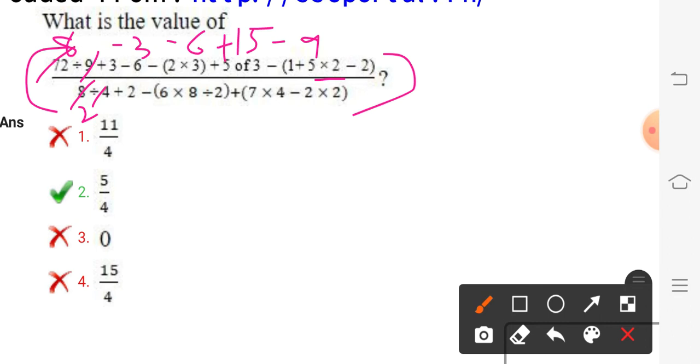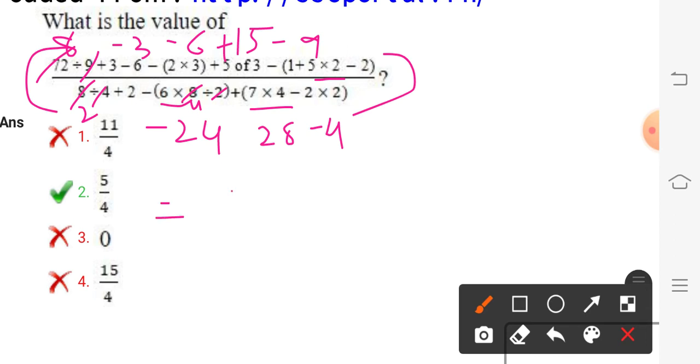So 4 2s are 8. 2 plus 2 minus this, cancel it. 4 6s are 24 and 4 7s are 28. This value is 28 minus 4.